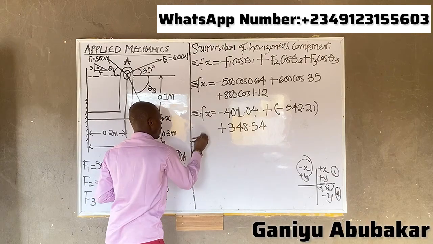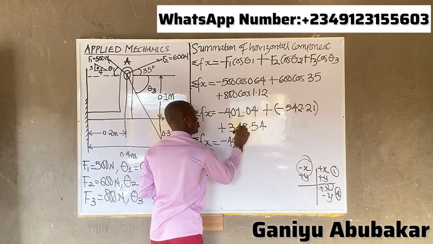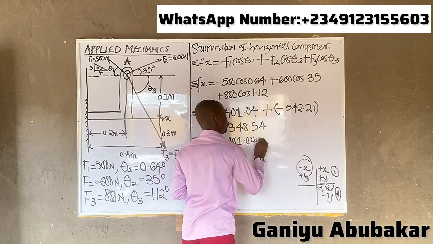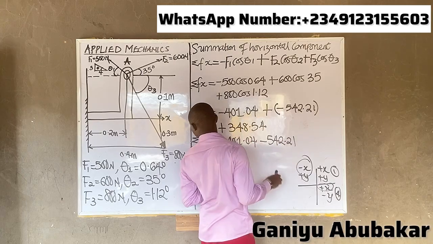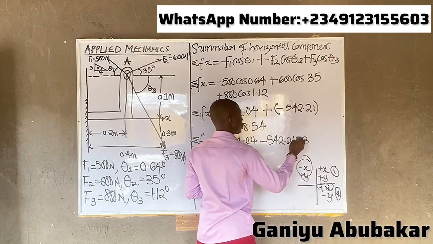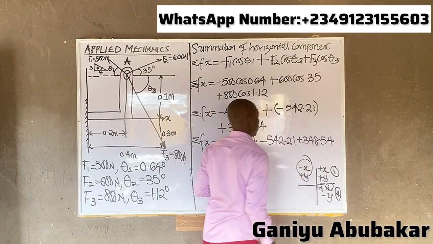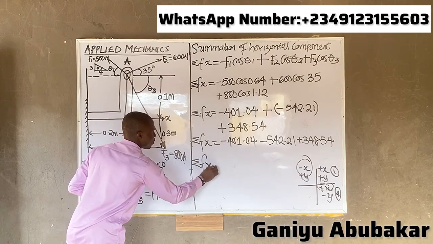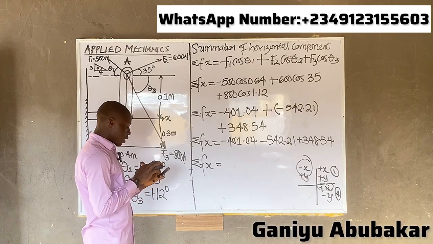So summation f of x will be equal to negative 401.04 plus minus gives you minus 542.21, then plus this plus sign here, plus 348.54. All right. Summation of f of x component will be equal to, if I punch these values, what do I get?